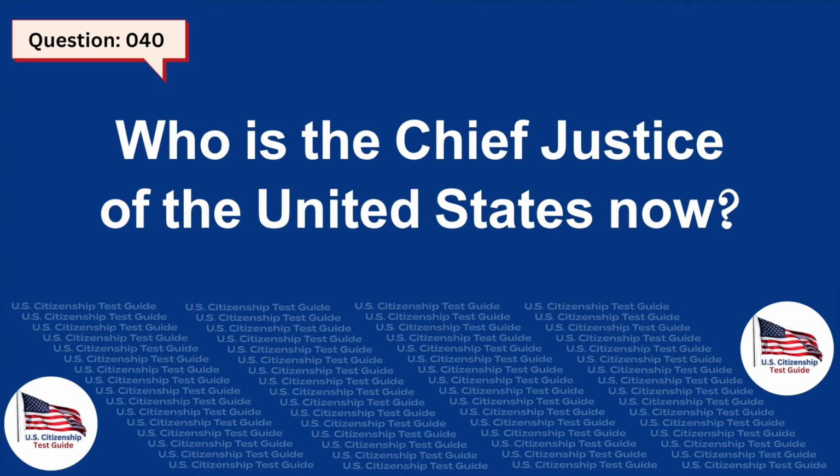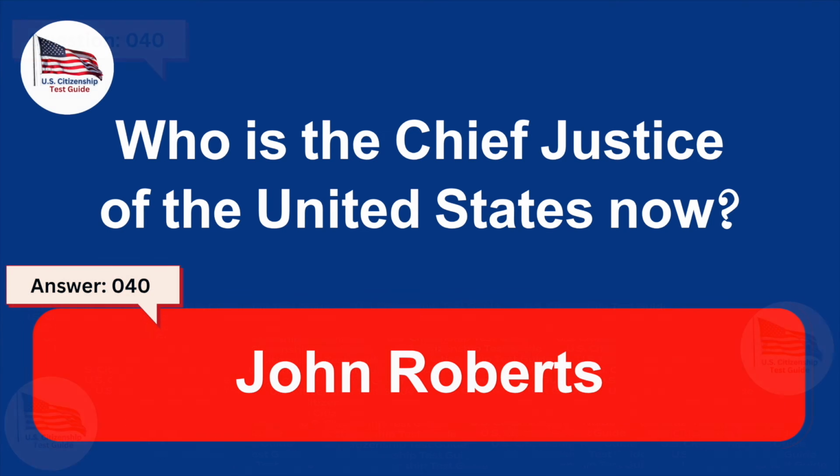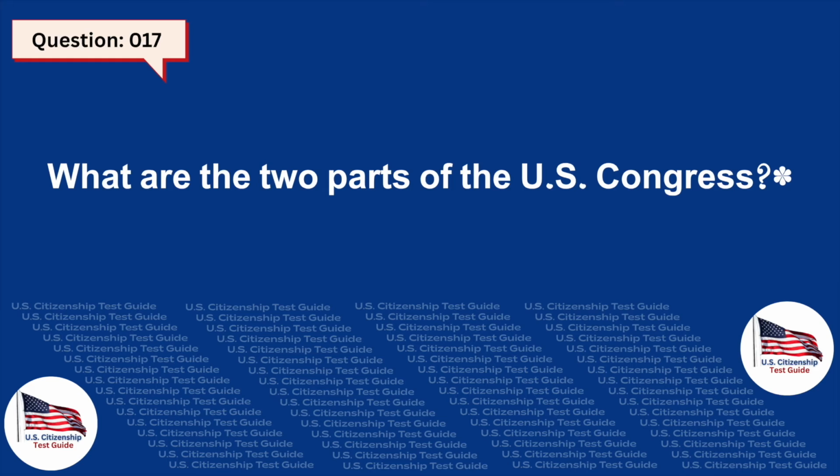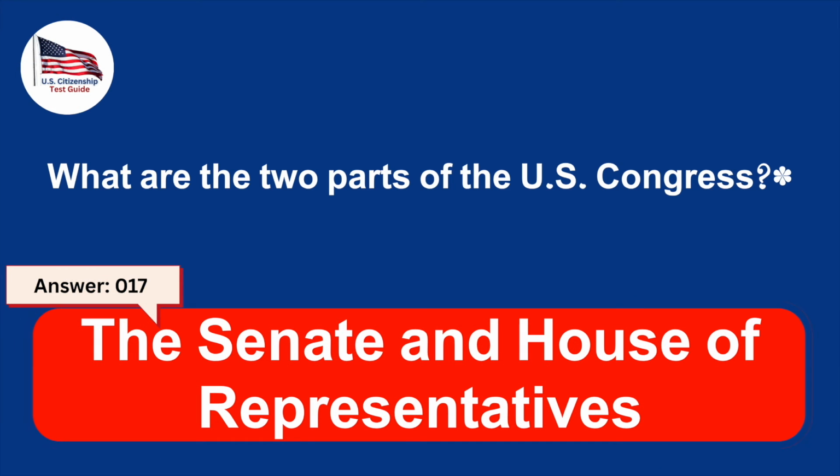Who is the Chief Justice of the United States now? John Roberts. What are the two parts of the U.S. Congress? The Senate and House of Representatives.